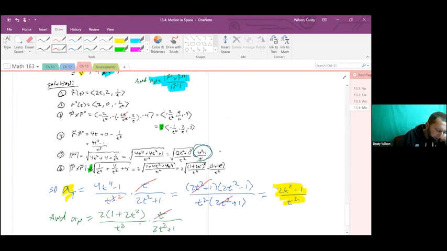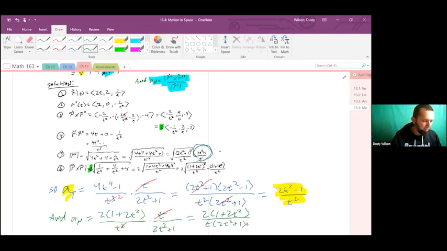The t will cancel. I don't think anything else is going to cancel. And so what we're left with here is 2 times 1 plus 2t squared all over t times 2t squared plus 1.